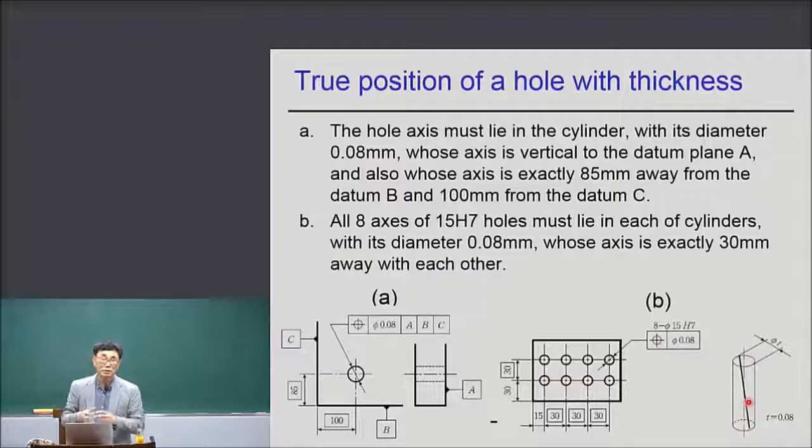So we are trying to define the tolerance zone of the hole axis. The hole axis must lie in the cylinder with its diameter 0.08 millimeter, and whose axis is vertical to the datum plane A. So this tolerance zone cylinder, small cylinder, has a diameter of 0.08 millimeter.